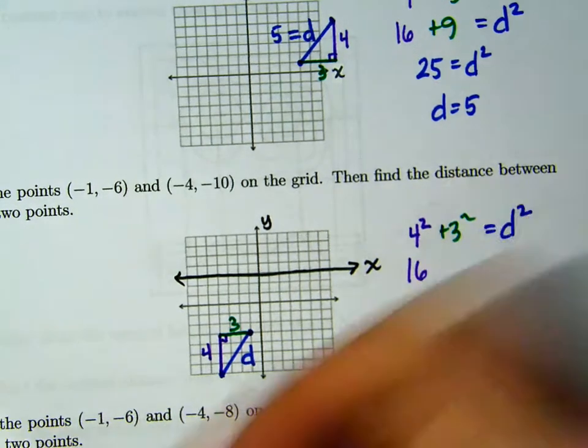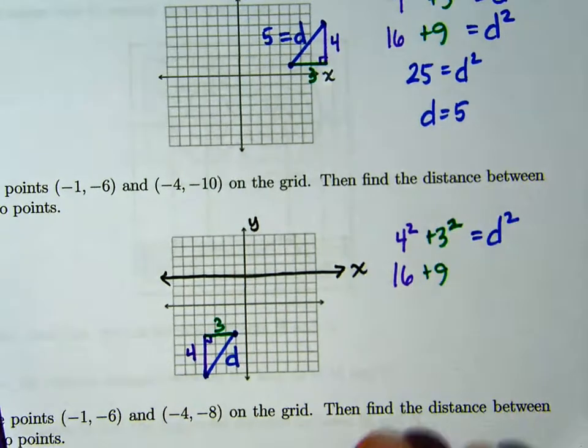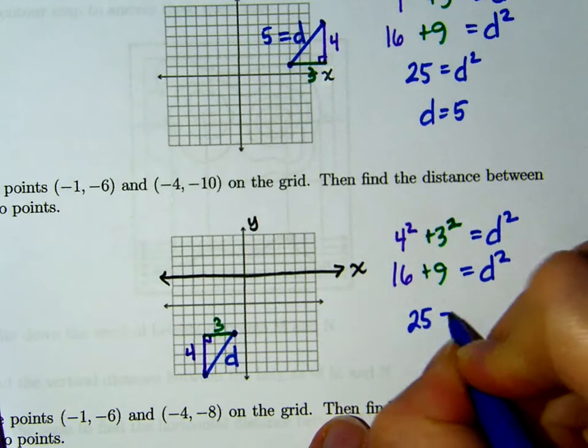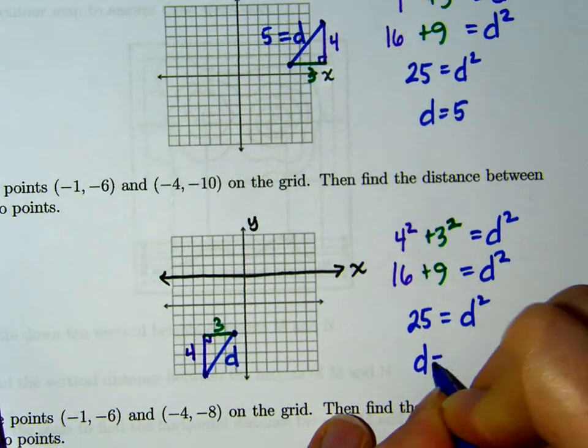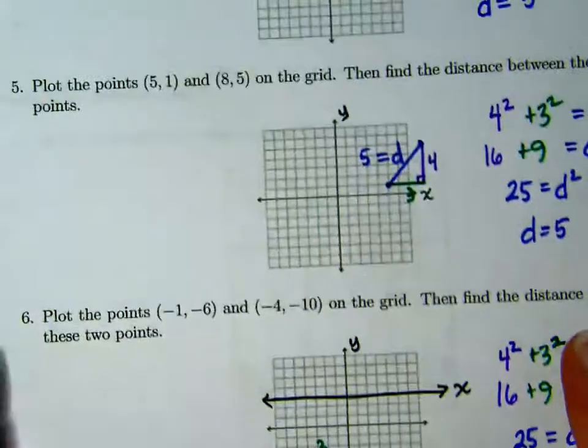So 16 plus 9 is d squared again. That's 25. D equals 5 again.